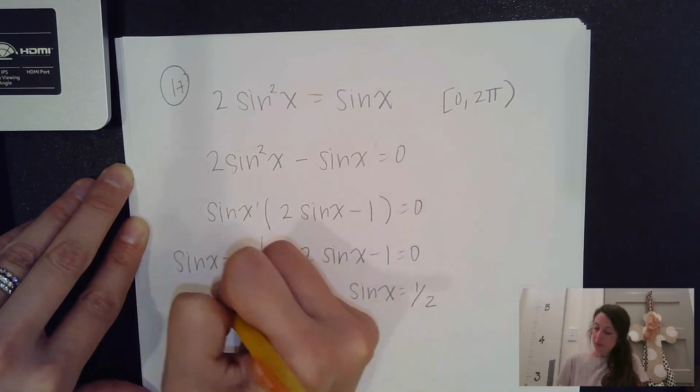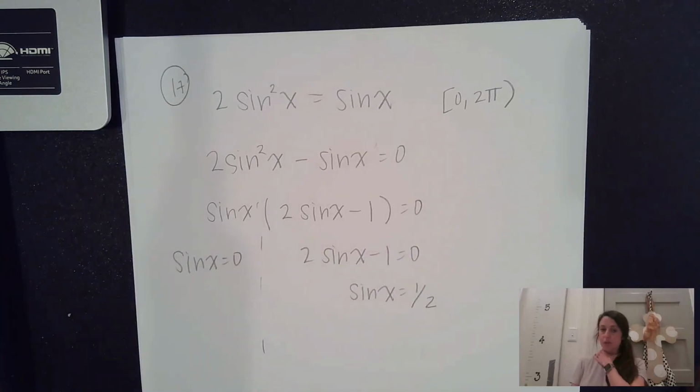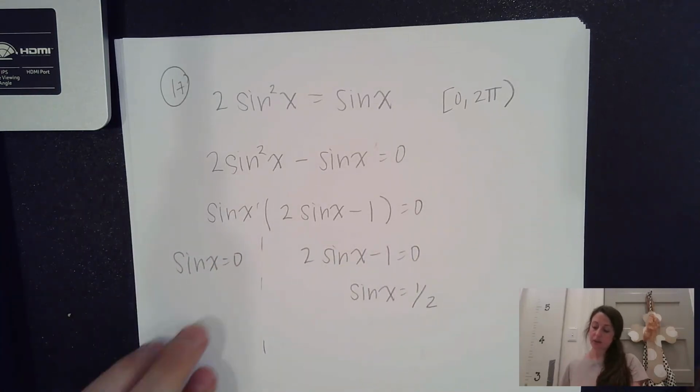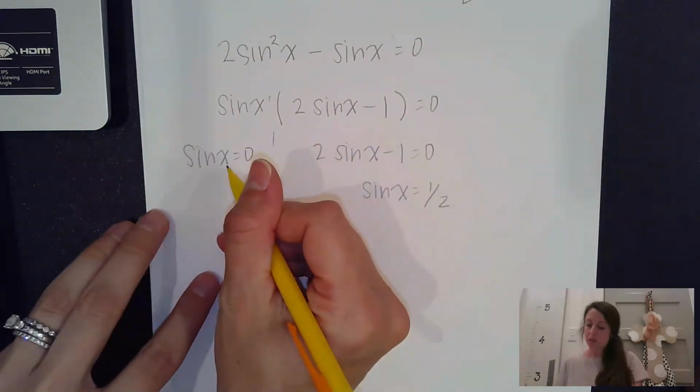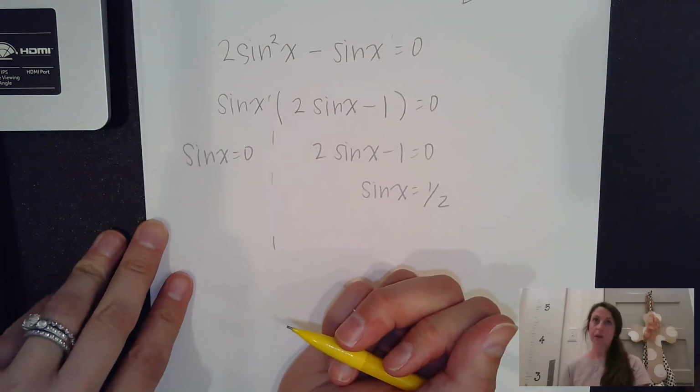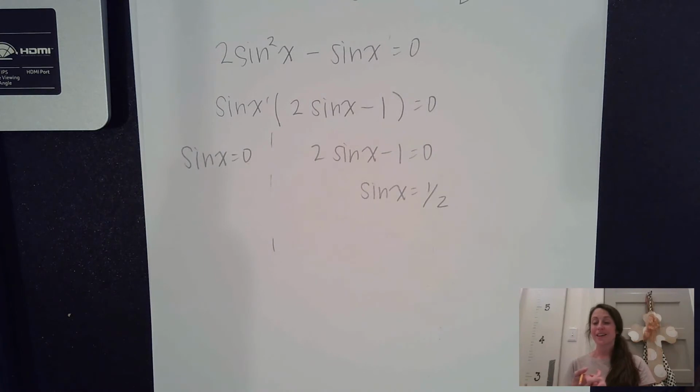So when I do this, I'm going to have 2 different solutions here. So where sine of x is going to be equal to 0, where is sine a 0 value? So what angle or radian are we looking at? Sine, remember, is your y value, so it's going to be 0 at 0 and pi.